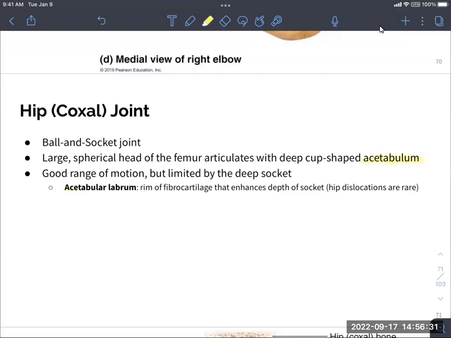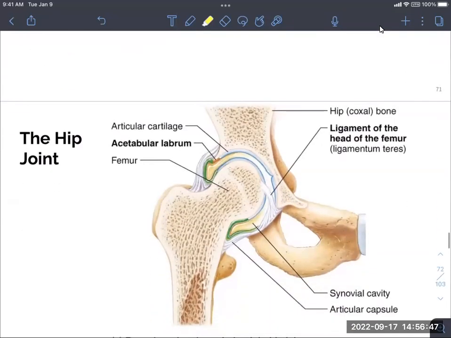We also have an acetabular labrum. Again, fibrocartilage that makes that deep socket even deeper. That's why hip dislocations are so rare, because that deep socket is made even deeper.